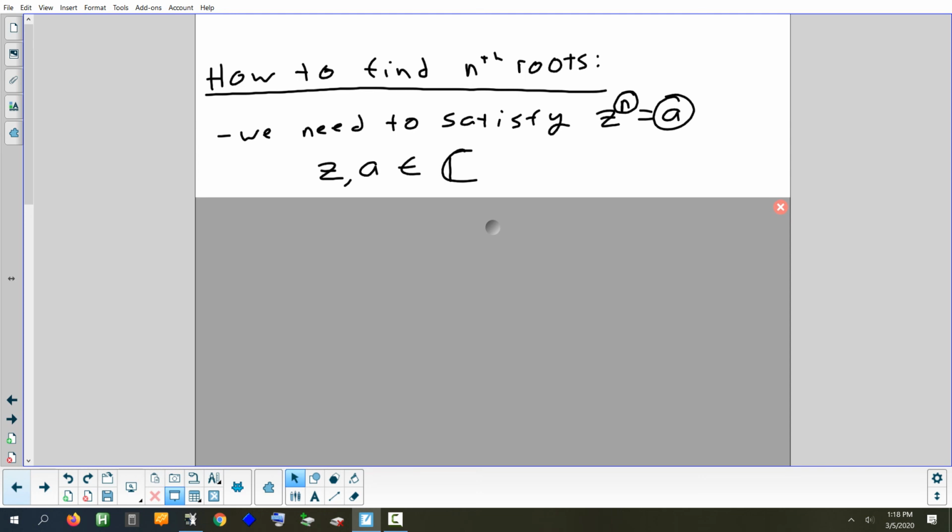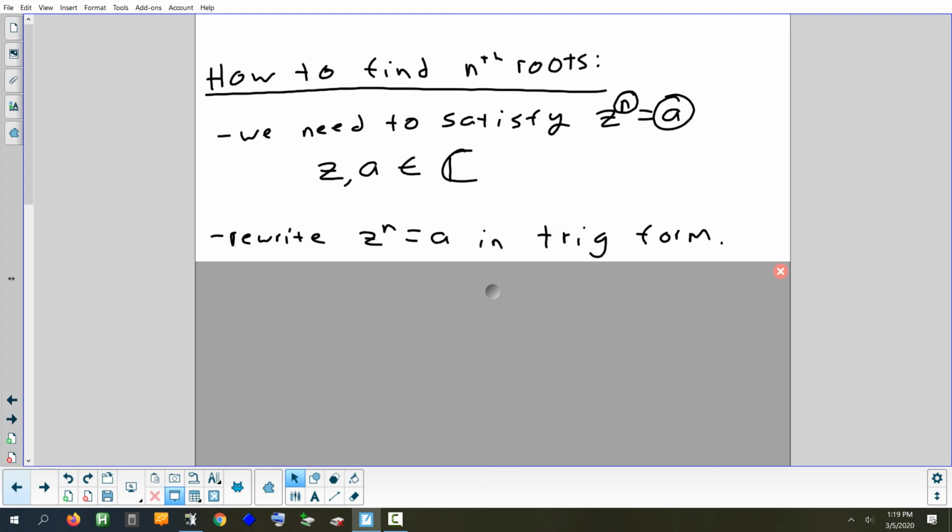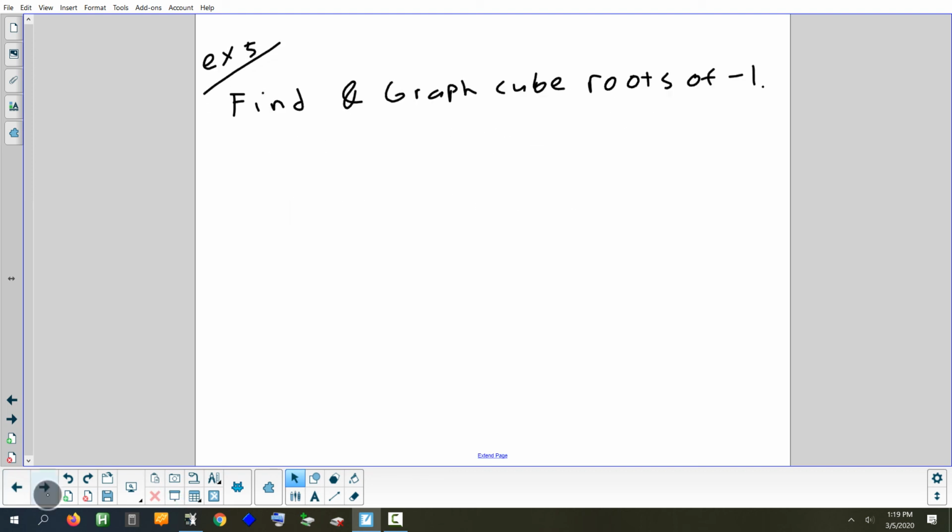Remember, we're dealing with complex numbers now. So the answers that you find and the number that I give you could be imaginary. They're not always going to be imaginary, but they could be. They could be elements of the complex number system. Now, let's go back to that one we were looking at: cube roots of -1.